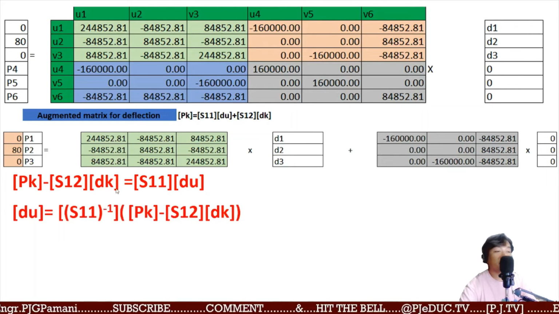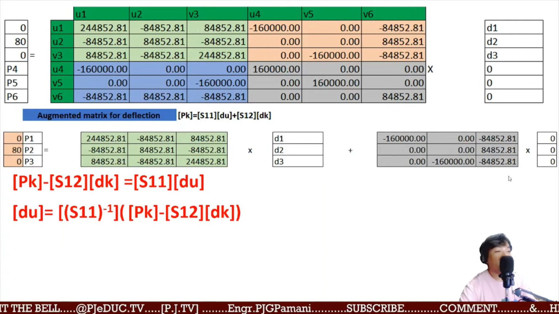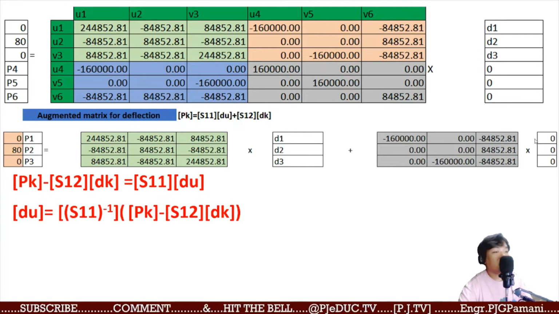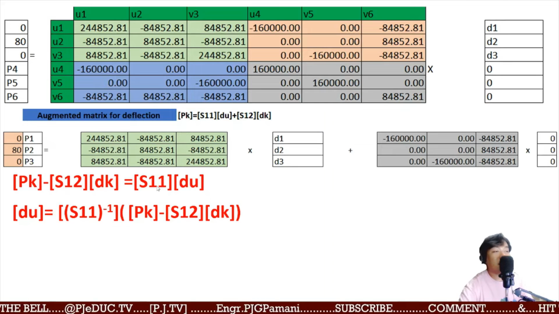Okay? Minus this, PK minus the known deflection equals the unknown deflection. So S12DK cancels because it is 0. We divide S11 by PK, but it becomes the inverse of our matrix, 1 over this.